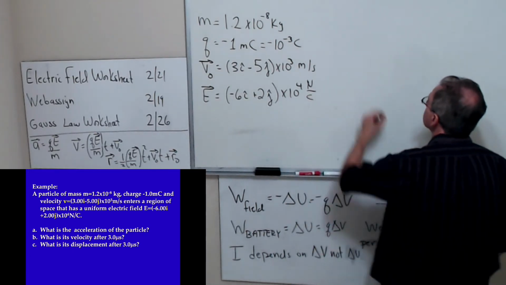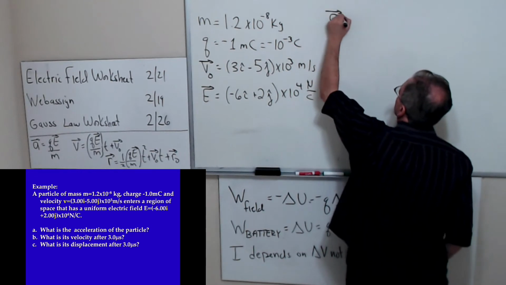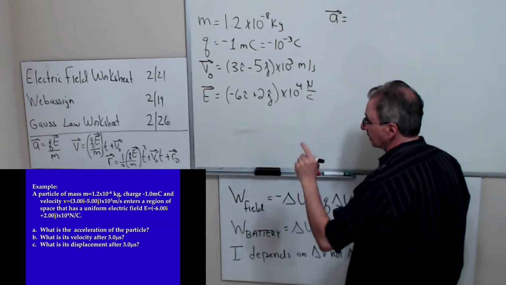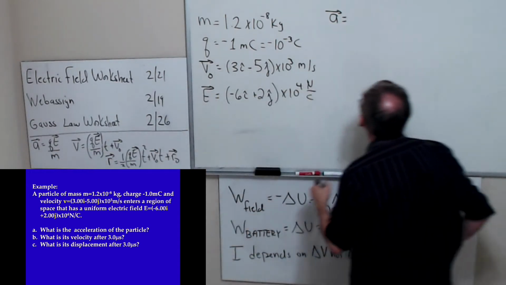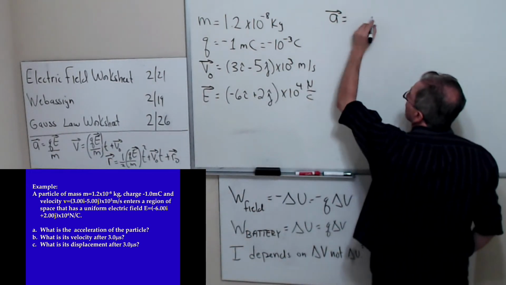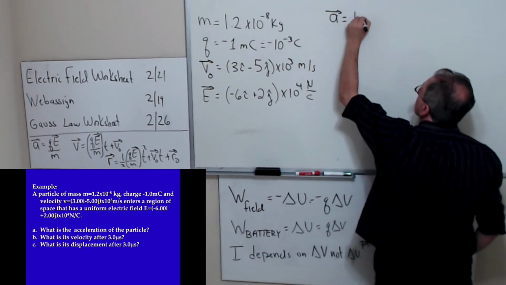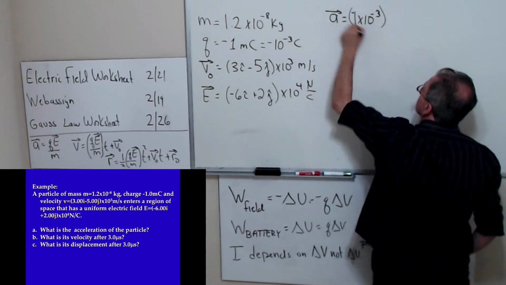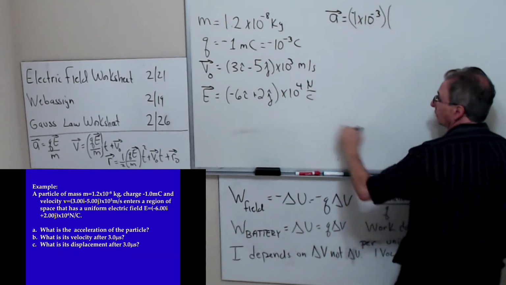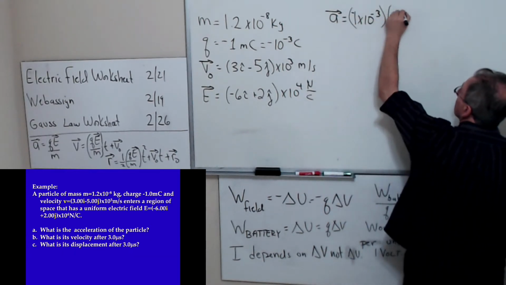What is the acceleration? Well, the acceleration is going to be q times E over m. So q is going to be minus 1 times 10 to the minus 3. We put in the electric field vector.